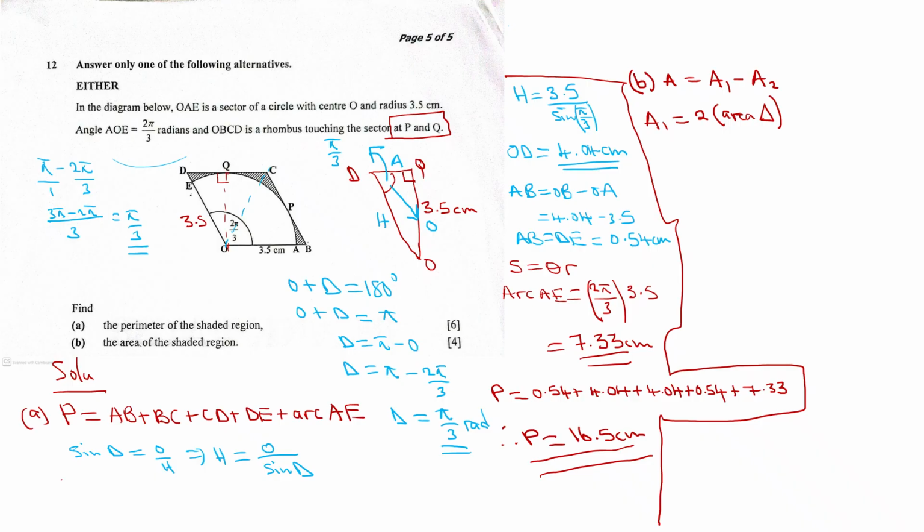Now, what is the area of the triangle? What formula are we going to use? We have 2 formulas: the formula when you have a right angle triangle, and the formula when you have a non-right angle triangle.